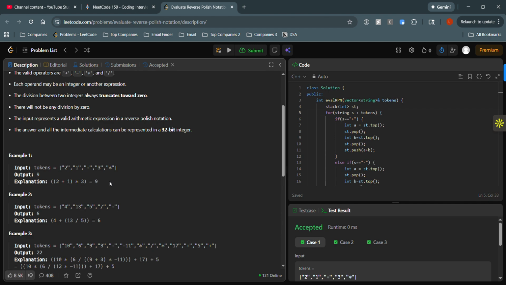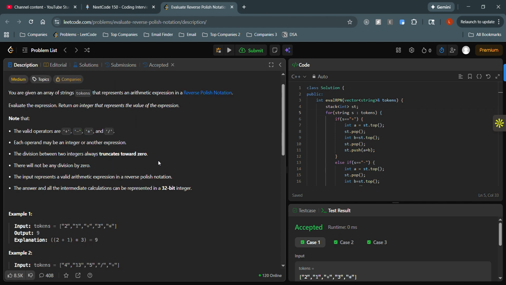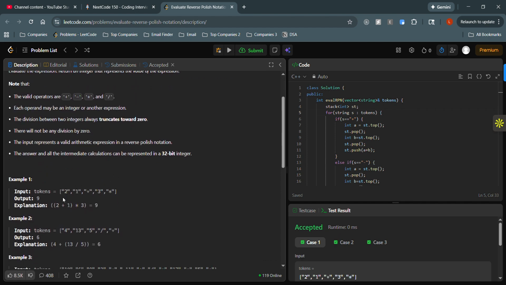So what the solution will have, this is also a very stack problem. What we can do is we can traverse this vector of tokens one by one. If we see that it's an integer, we store it, we push it in our stack.